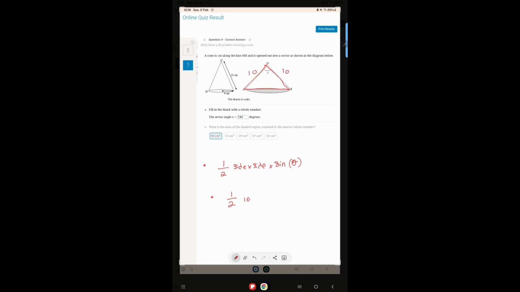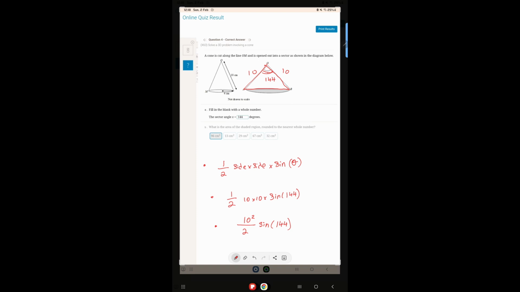So half times 10 times 10 times sine of the angle in between, which we already got in part 1, sine 144. To write it in a simpler version, you just say 10 squared over 2 times sine 144. And that's the area of triangle OAB.